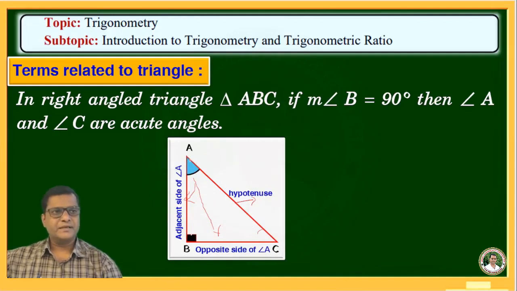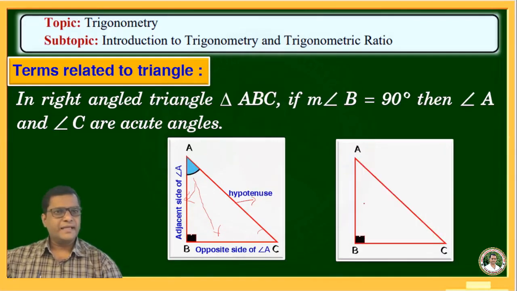Suppose according to the angle C, the opposite side is AB and the adjacent side of angle C is side BC and AC is the hypotenuse. Means with respect to angle C, side AB is the opposite side of angle C and side BC is the adjacent side of angle C and AC is the hypotenuse.